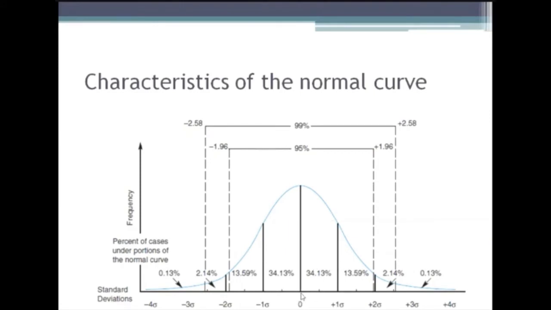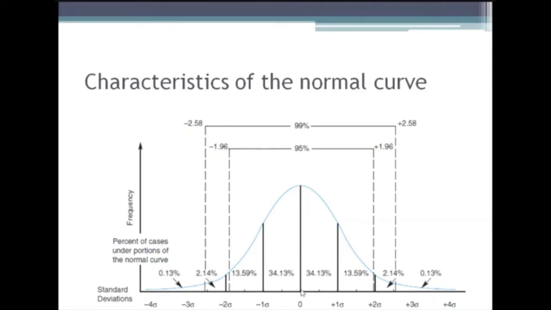Here, the mean will fall in this portion of the graph. Here it is written 0, which is related to the standard deviation, and I will explain that later. I'm talking about the mean at present. When you take the average of all the values, the mean value will be located in the very center of this graph.